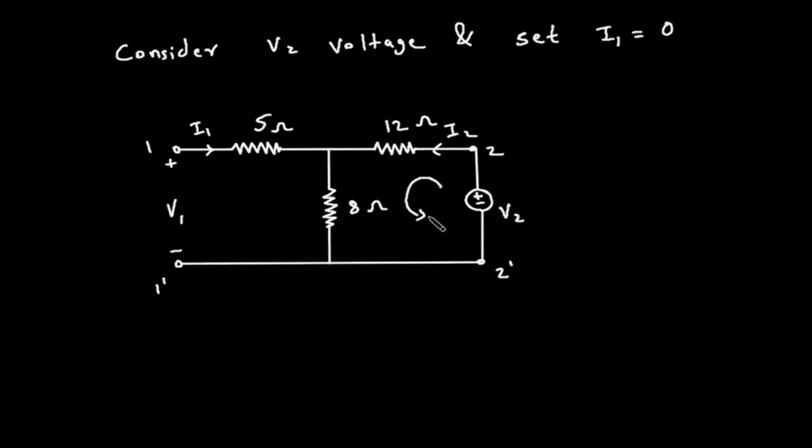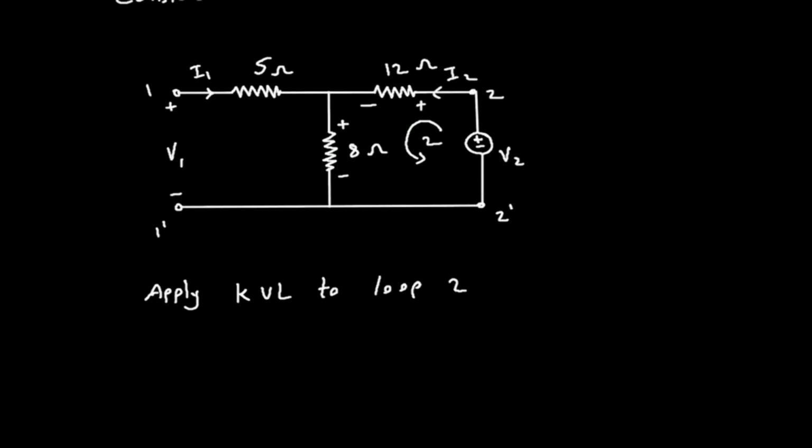Now we will apply KVL to loop number 2, or mesh 2. According to the direction of current I2, this will be positive and this will be negative.